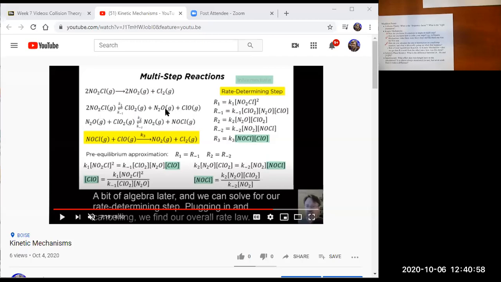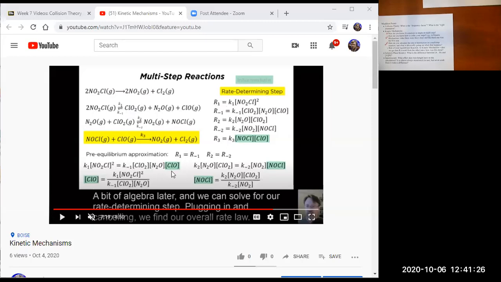Because these are now elementary steps in this proposed mechanism, we can write the rate of the forward reaction. It's going to be K1 times this squared, because there are 2 of them. The reverse reaction is going to be K minus 1 times the concentration of each of these 3 components, and so on. And then we say that the pre-equilibrium approximation is this rate equals that rate, which is what we see here.